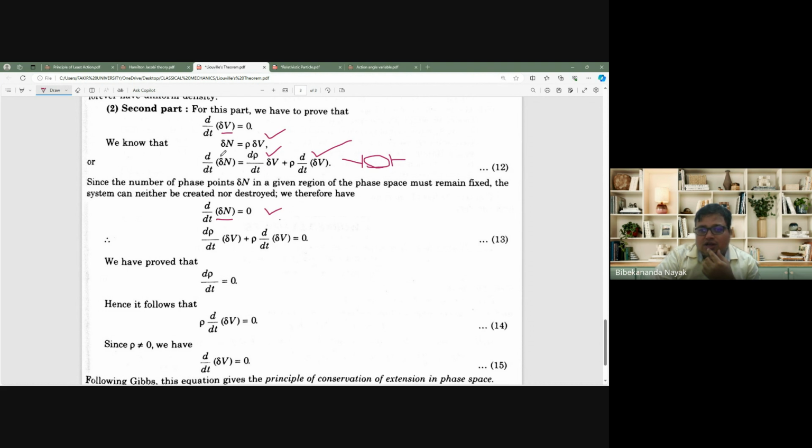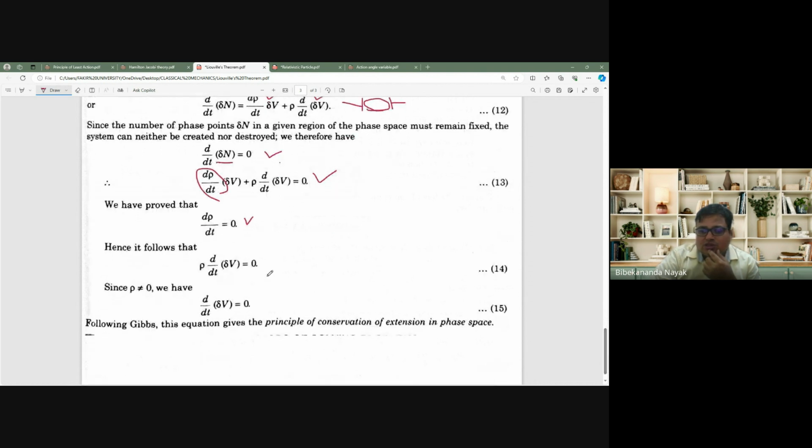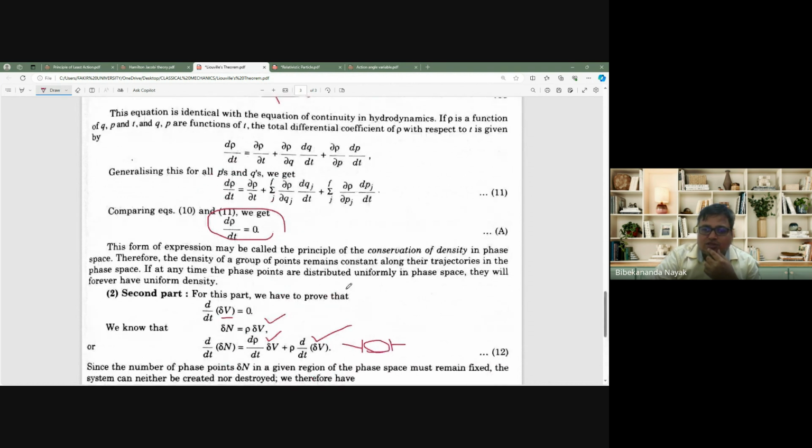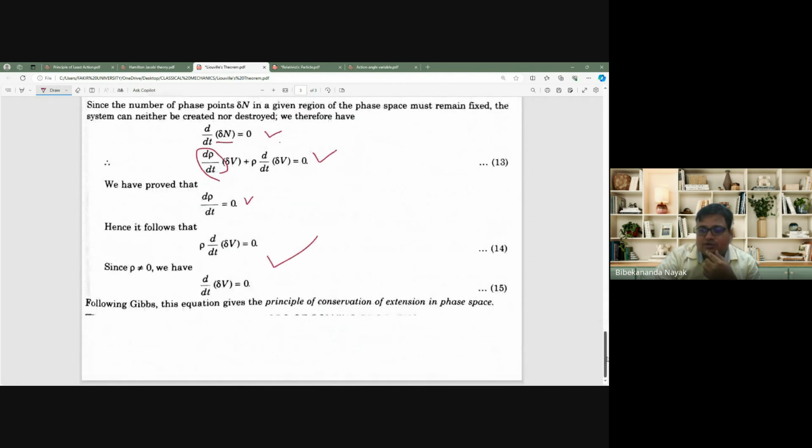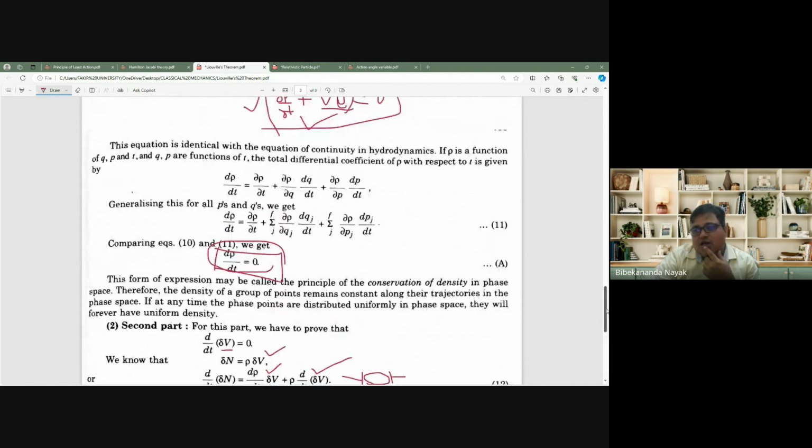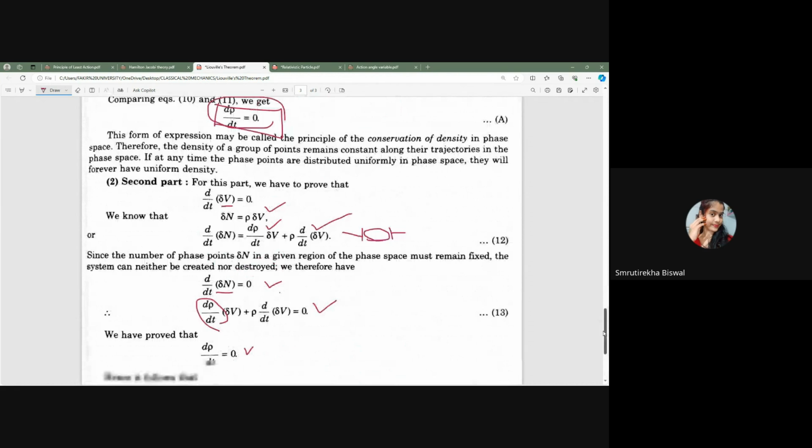That means this term will be 0. But we have already proved that dρ/dt is equal to 0. So what it means? d/dt of δV must be 0. This is the principle of conservation of extension in phase space. This is Liouville's theorem. If you are asked, you can also prove the second part. It is clear? Very important.